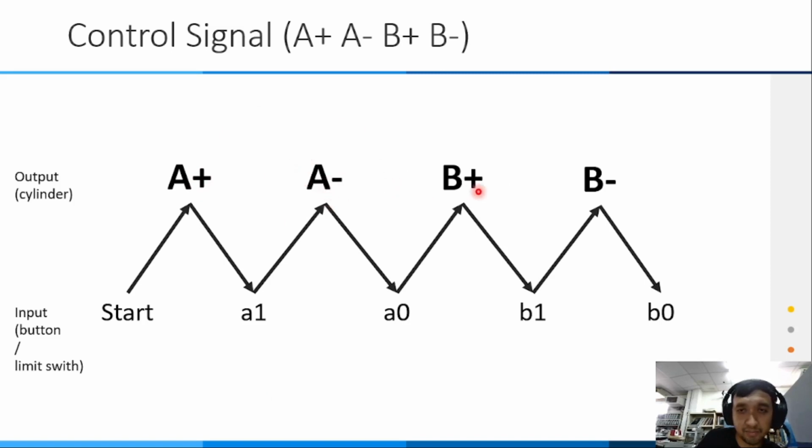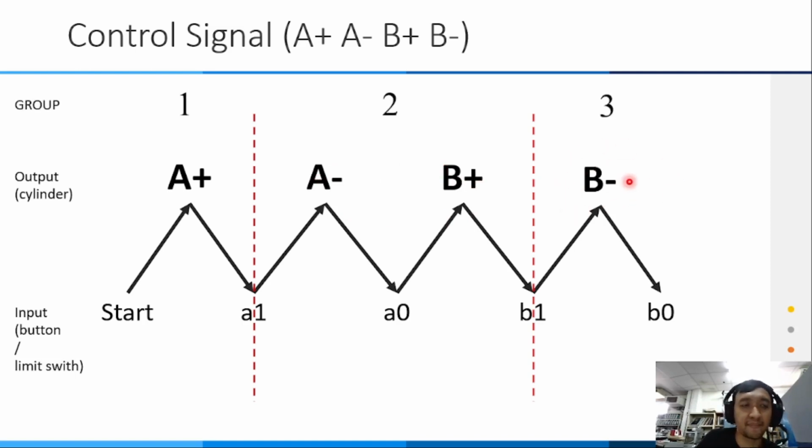A minus and B plus we can put in one group, and B plus and B minus should be separated. We can draw like this. This side we can call group 1, A plus and A minus and B plus we can put in group 2, and B minus in group 3.